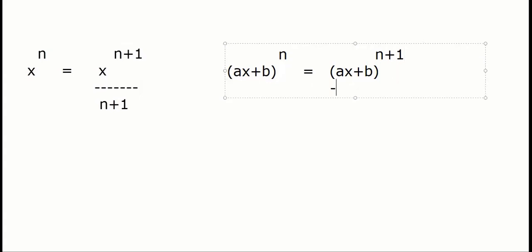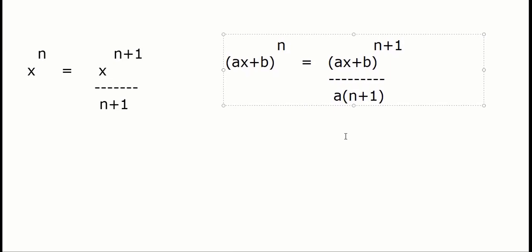In the denominator, n + 1 is there, so no problem. And because the coefficient of x is a, a will come. I already showed you how, using the substitution. So why am I explaining this? Because you are going to use the same thing in anything else also.